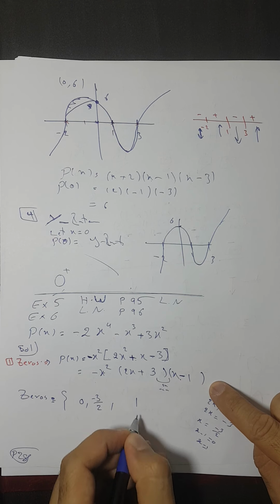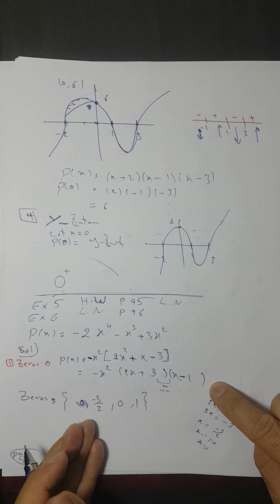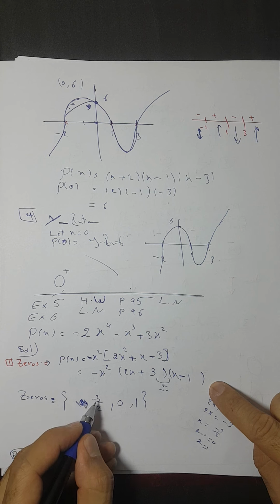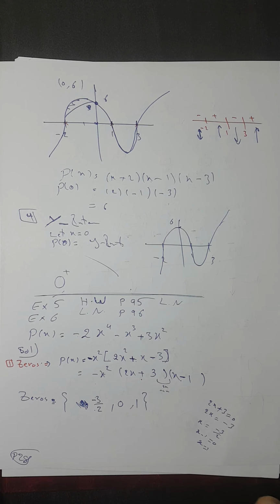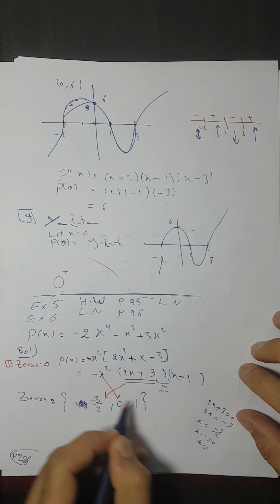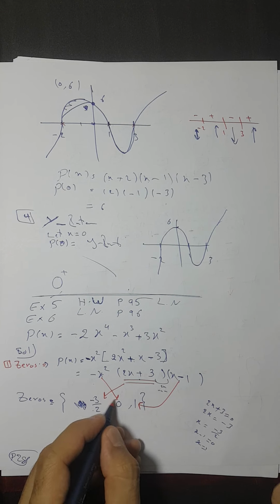And it's nicer in mathematics to write from the smallest value to the largest value. So we get minus 3 over 2 from this term, 0 from this term, and x equals 1 from that one.